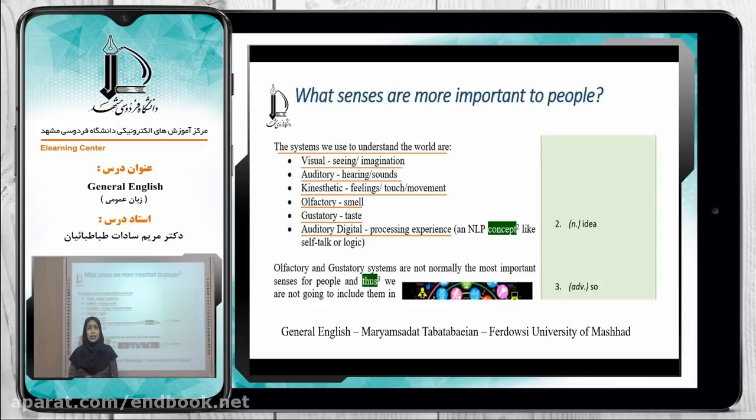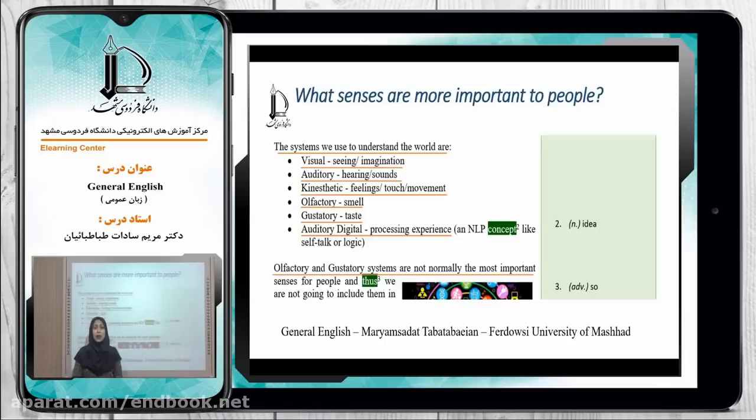So, these systems are the ones we get information through. Now, which ones are more important? Because the question asks, which one is most important? Look at this sentence.